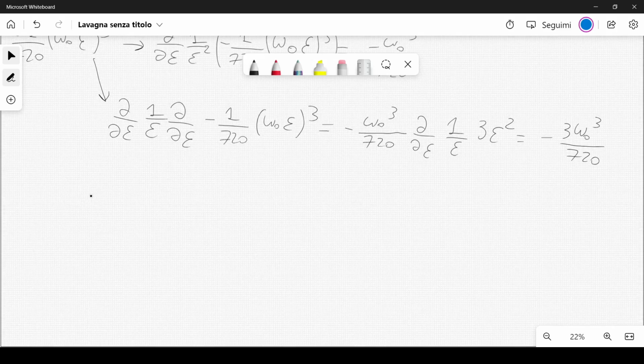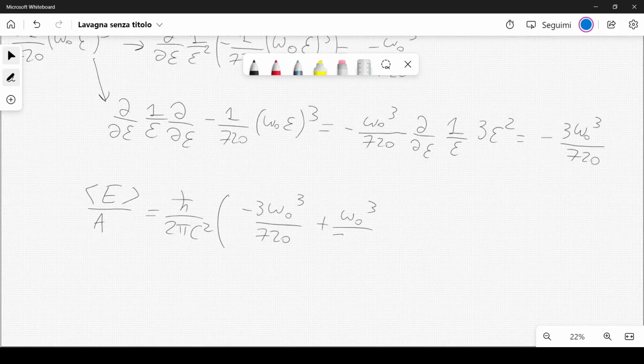So basically, the energy here per unit area, E over A, is equal to h bar divided by 2 pi c squared. And then you have minus 3 omega 0 cubed divided by 720 plus omega 0 cubed divided by 720. And this is just going to give you, so remember that you also have other terms here, and we will say more about these terms.